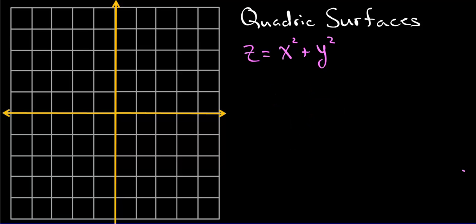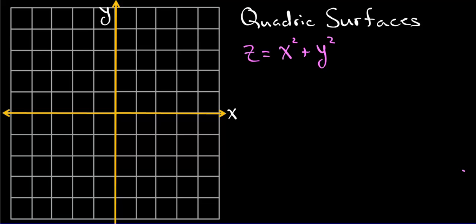So what we want to ask is, what does this look like? Because now we have these three variables, not just x and y, we have the z. Let's think about the x-axis and the y-axis. In other words, I want to investigate what this shape would look like just on the plane, if z is equal to 0.